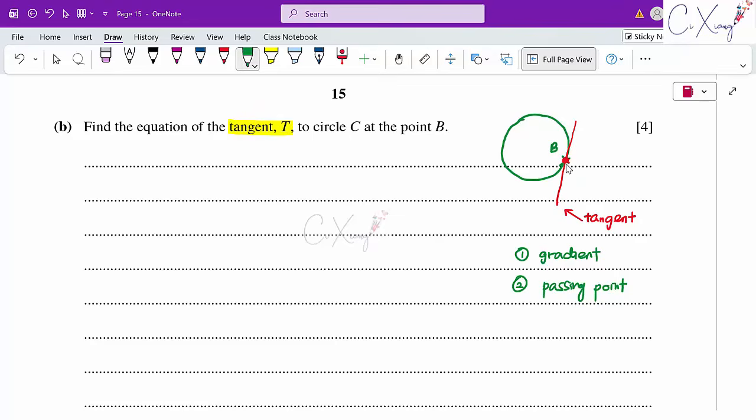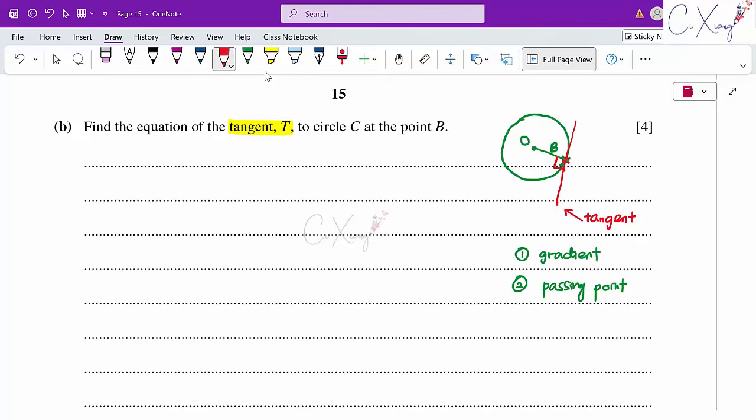And now, how can I get the gradient of this particular red line? You need to know one extra property here. When I have a tangent that touches a point on the circumference of the circle, then basically this particular line and the line from the center to the point that forms the tangent are perpendicular to each other.